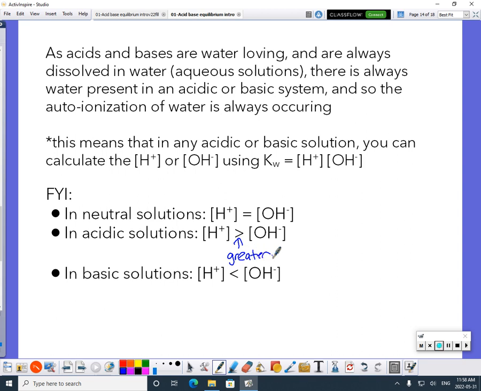Okay, if you don't love alligators and you want to label what it means, in an acidic solution, the hydrogen ion concentration is greater than hydroxide, but there is some there because of the autoionization of water. But this number will be less than 1 times 10 to the negative 7, so it'll be teeny tiny.